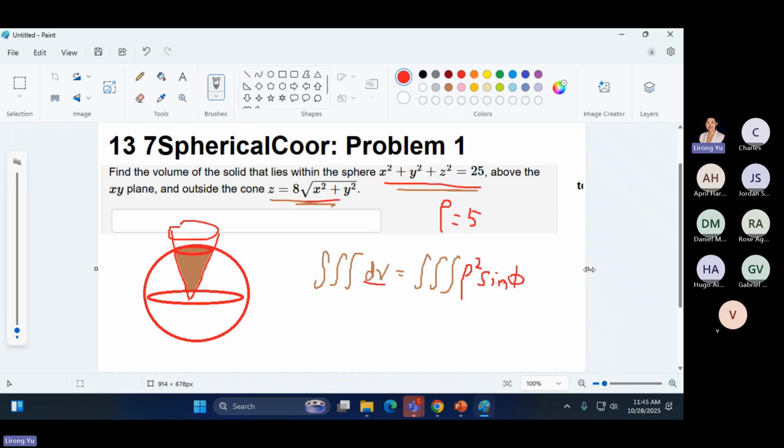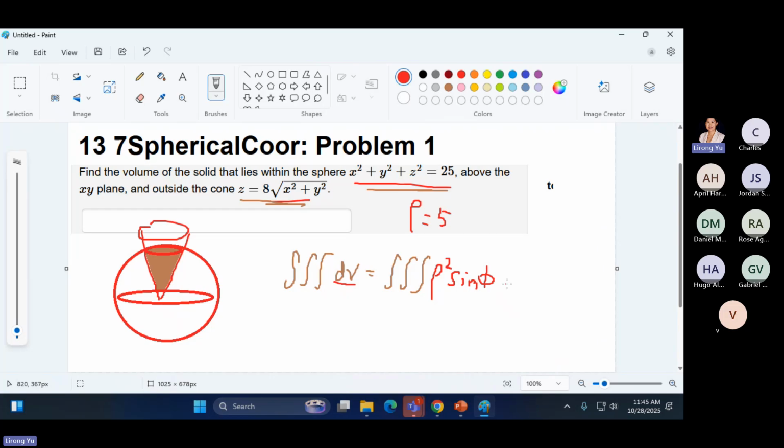We've been doing this several times now. Then we have d rho d phi d theta. Again, this is a full circle as far as theta goes. Theta's relation is the x-axis, so this is going from 0 to 2 pi. For rho, we have rho equal to 5 as the upper limit, so rho goes from 0 to 5.